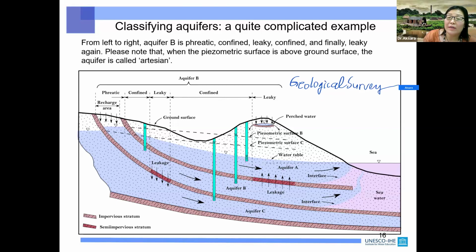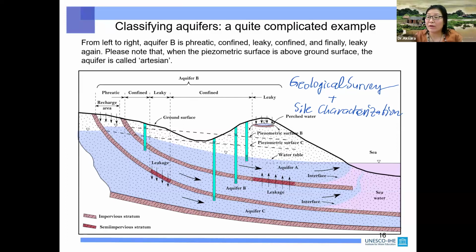You need to do an intensive geological survey in order to get this picture, and sometimes we call this site characterization. You try to characterize your site, so you try to know how many layers are in there and what the depth of your aquifer seems to be. This type of thing we call site characterization.